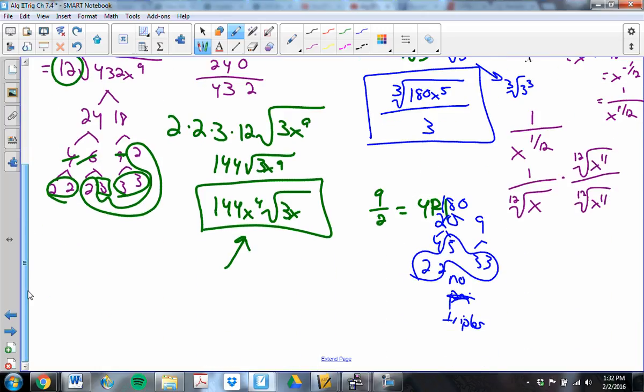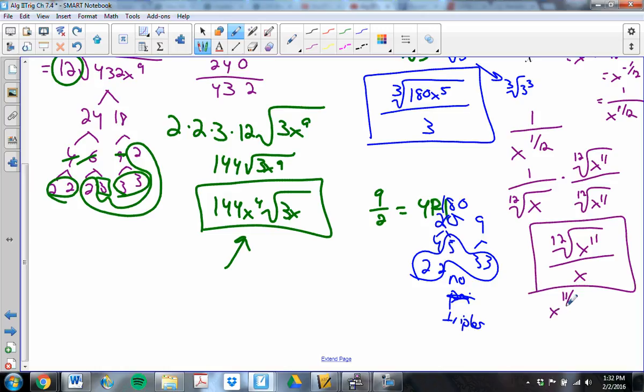And that gets me this pretty obnoxious looking thing, the 12th root of x to the 11th over x. Which I also could just leave like this. That's also fine. Okay, like I said, there's a video with lots of examples if you want to watch it, but we're going to call this good here.